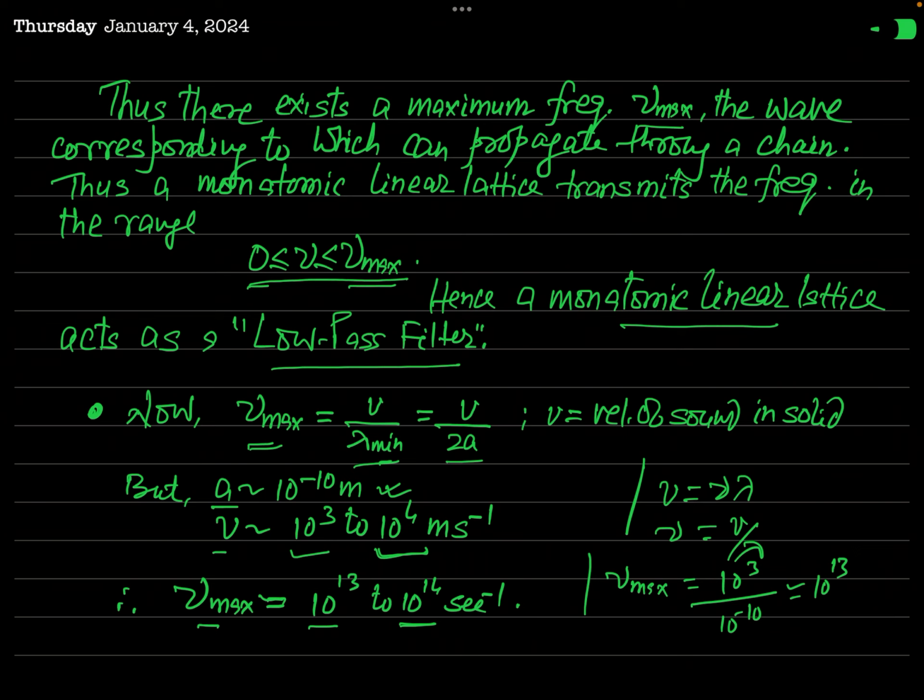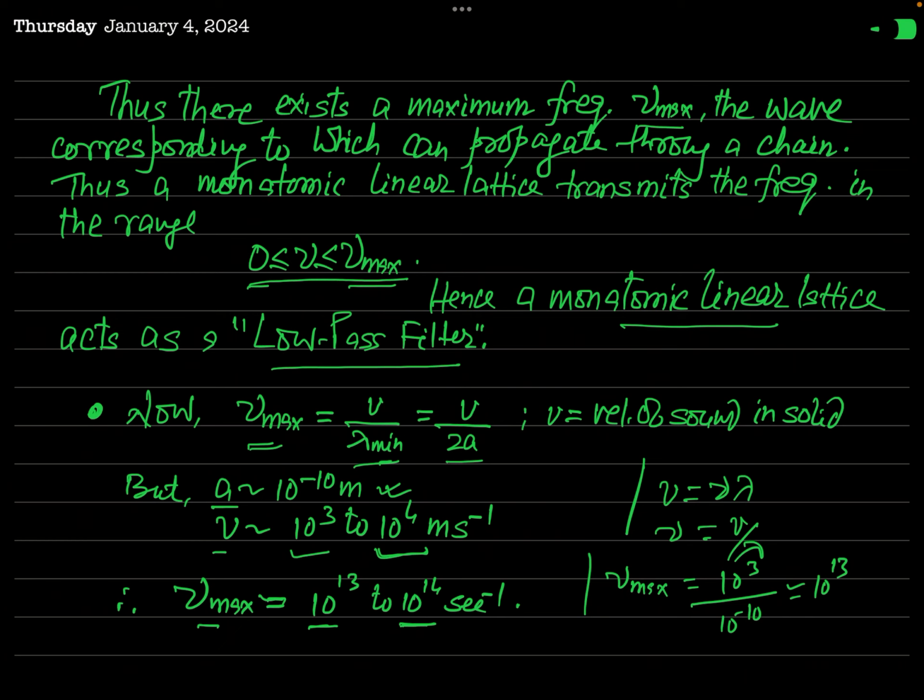Can you say, after seeing this order of frequency, in which region of the electromagnetic spectrum this frequency lies?